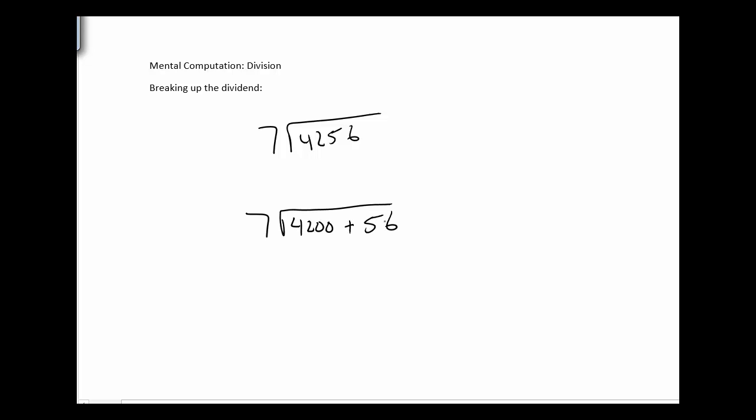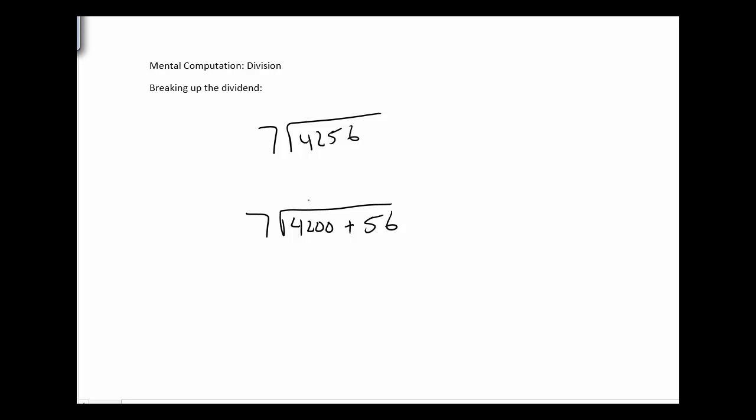Okay, so this is still under the umbrella of mental math. So again, I'm teaching you how to estimate in your head by writing stuff down. But anyways, I'm trying to point you towards a way to think about this. So if I do, let's say, 7 into 4,256. All right, so breaking up the dividend, the technique would be, let me rewrite the dividend as 4,200 plus 56, and then I can just focus in on the two compatible pieces.